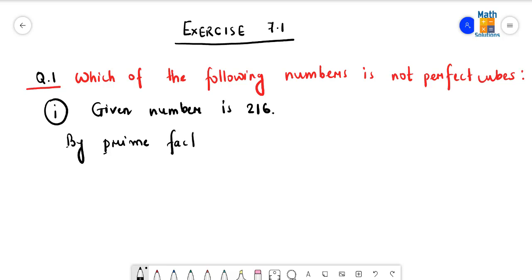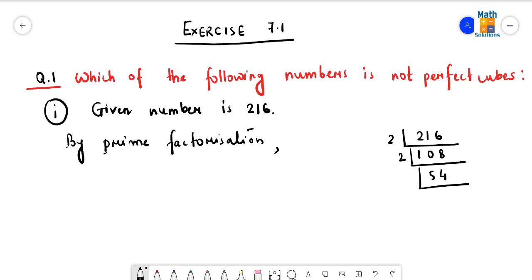By prime factorization, what did I get? 216, that is an even number, so it will be divided by 2. 2 1 are 2, then 2 8 are 16, then by 2 again. 108 is an even number, so 2 5 are 10, 2 4 are 8. By 2 again, the result comes as 27. Then again by 2 it is not divisible.